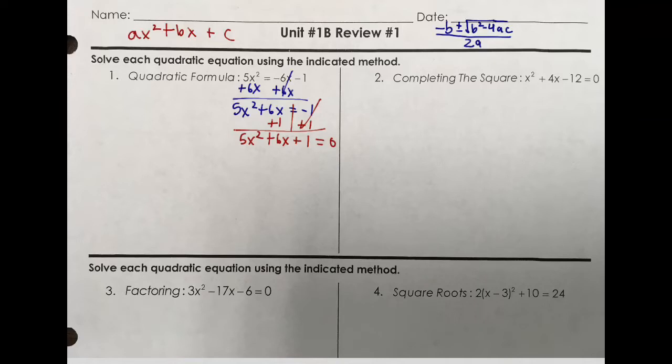Now we have to identify our A, our B, and our C, so we can plug it into the quadratic formula. A is 5, B is 6, C is 1. All right, it's there. So let's put into our formula, which is right here. Okay.